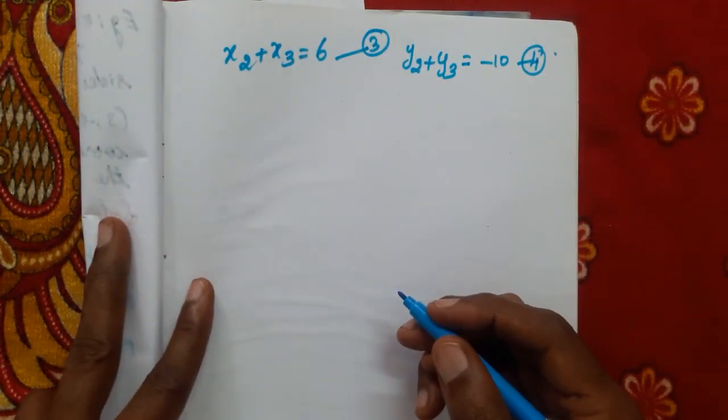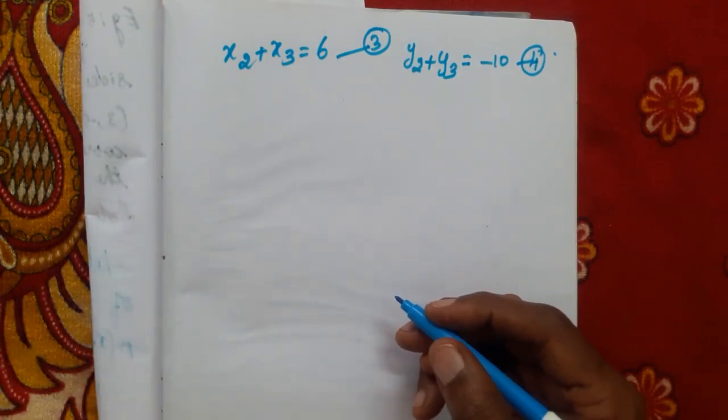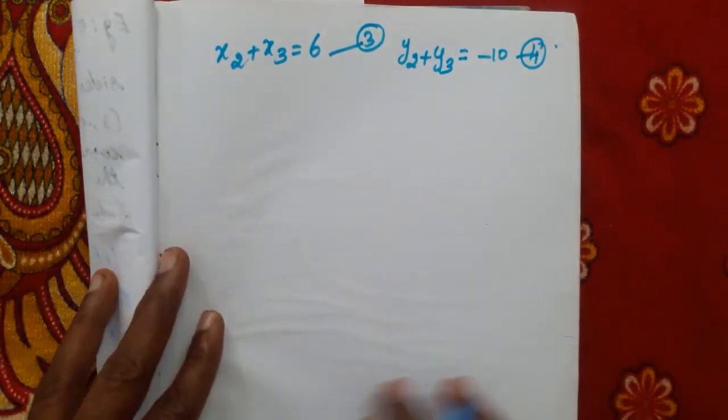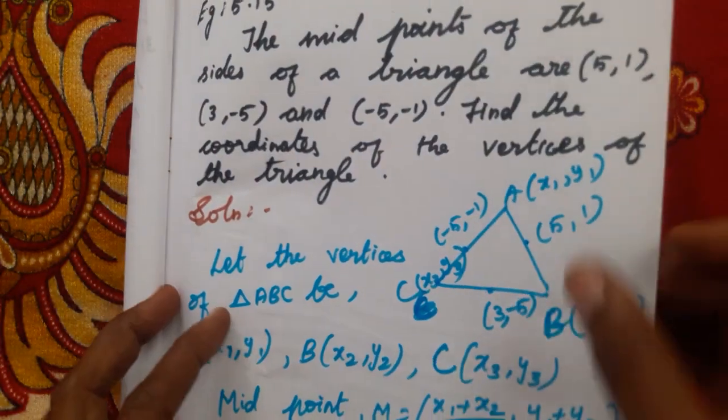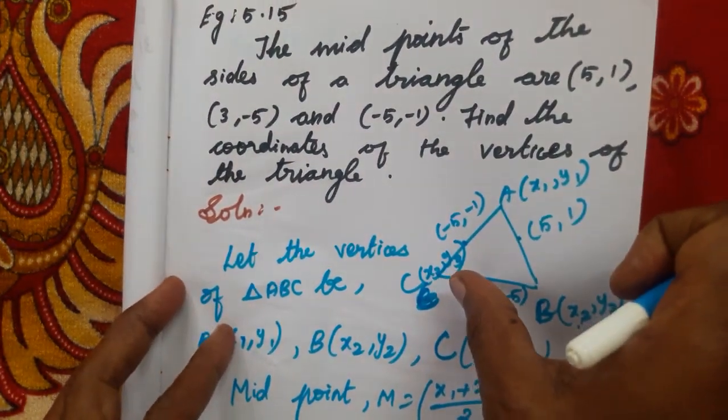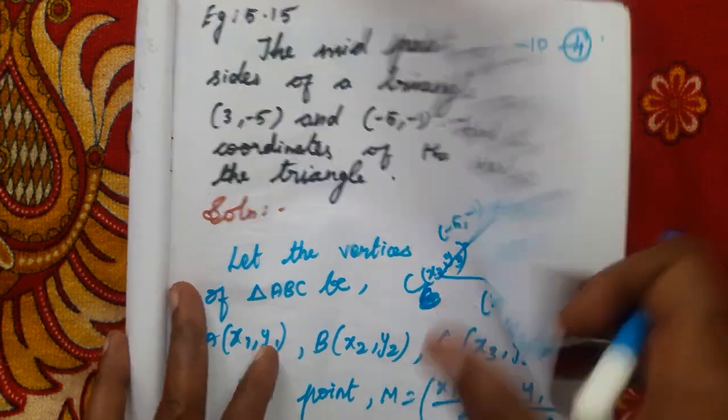Clear? Next, what is given from the diagram? Midpoint of AC is equal to (-5, -1).